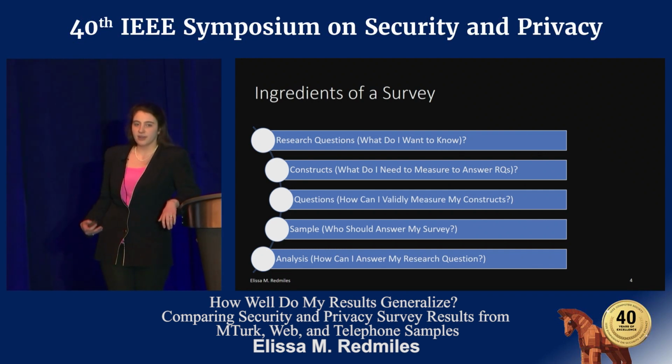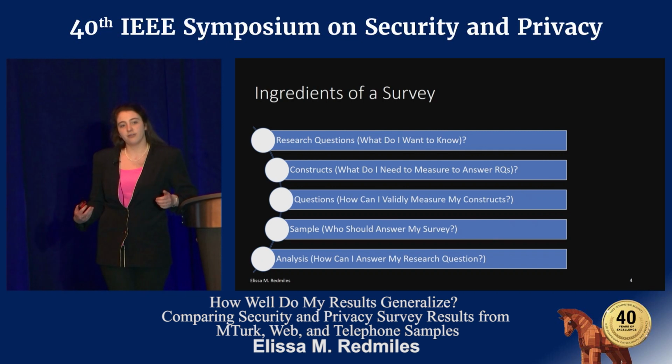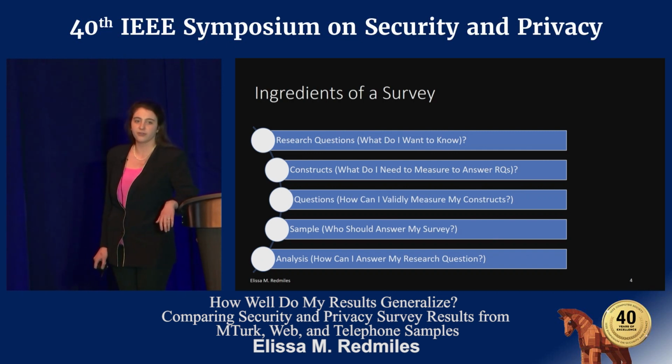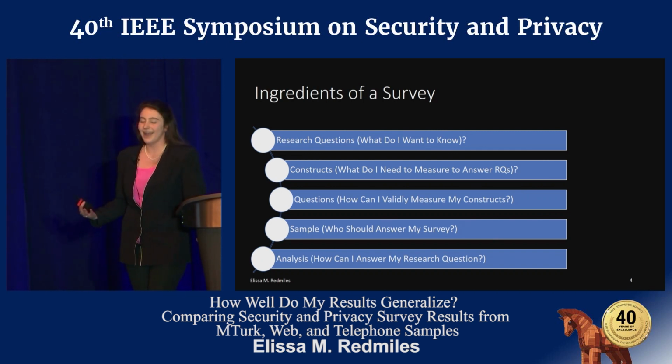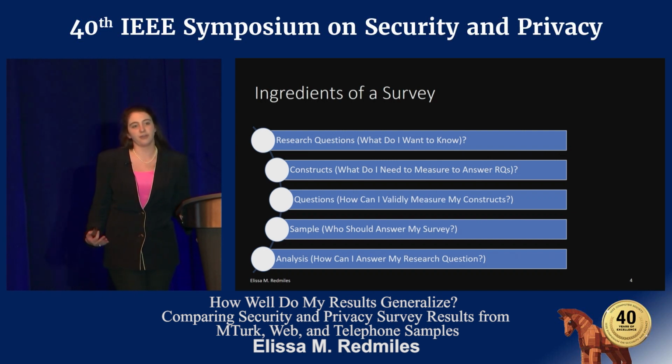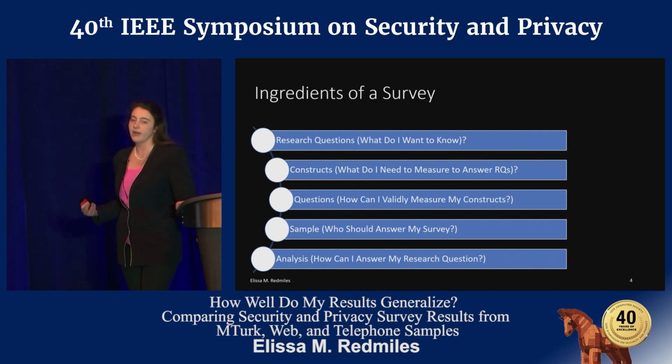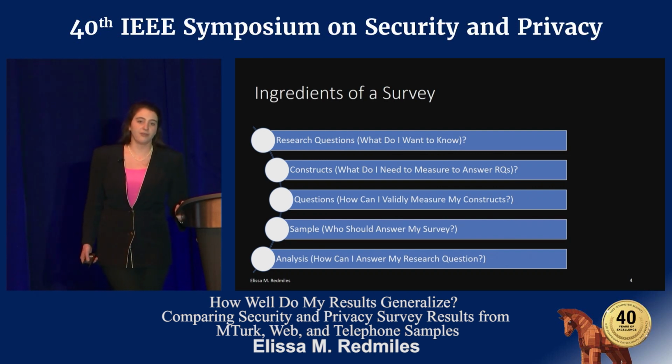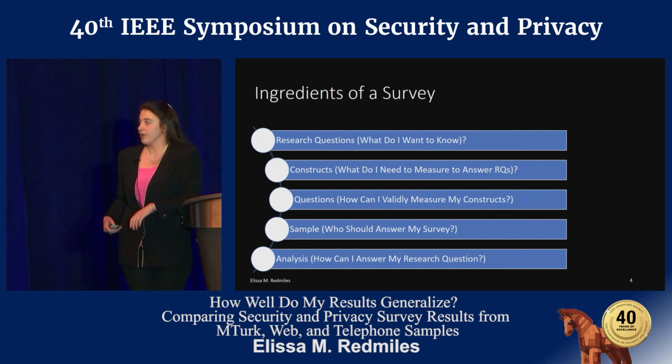So when you're conducting a survey, you have some set of research questions you want to answer, some set of constructs that you're going to use to answer those research questions, and then you're going to design a set of survey questions in order to measure those constructs. So in a more traditional measurement kind of style, we would identify some metrics and write some code in order to record those metrics.